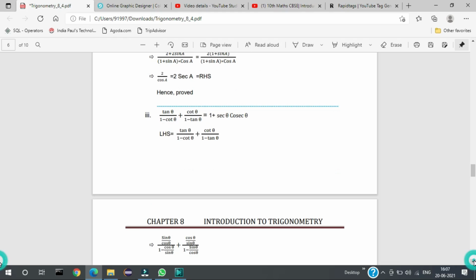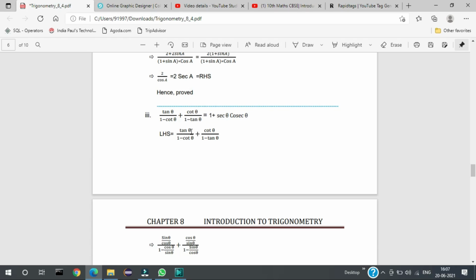Coming to third one. Tan theta by 1 minus cot theta plus cot theta by 1 minus tan theta.